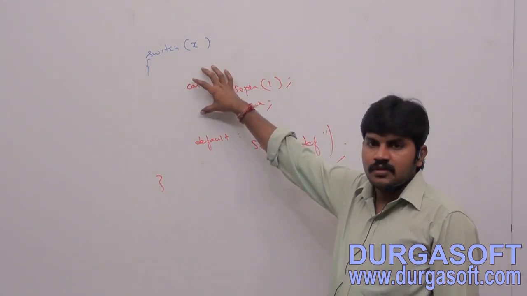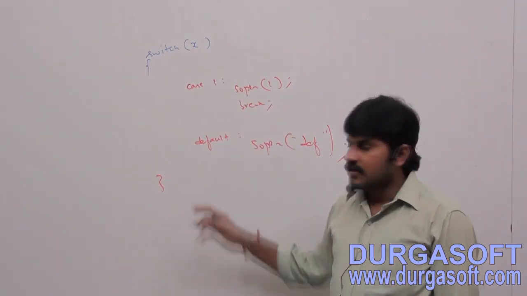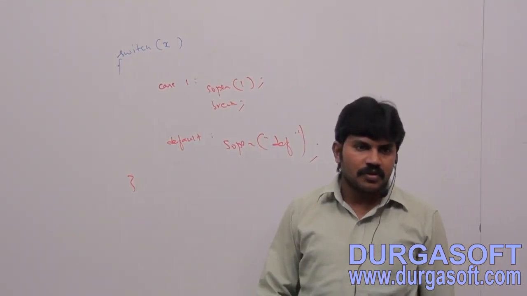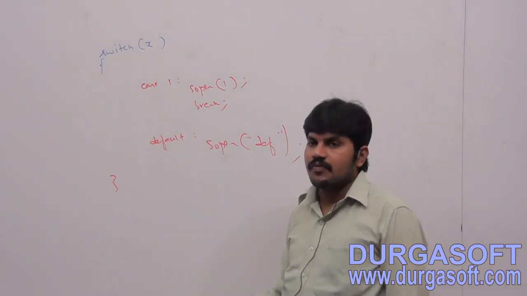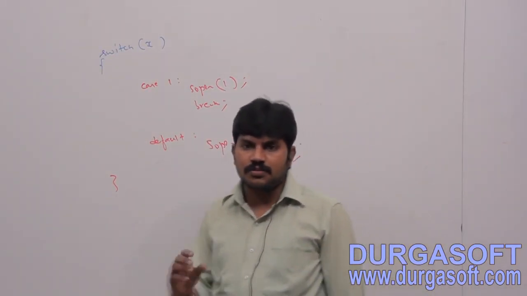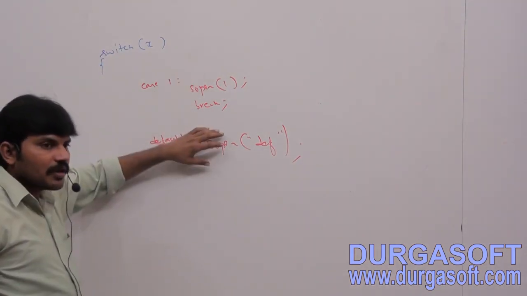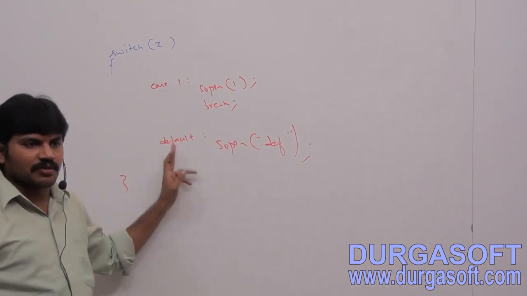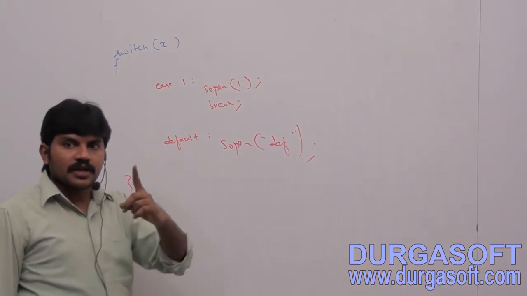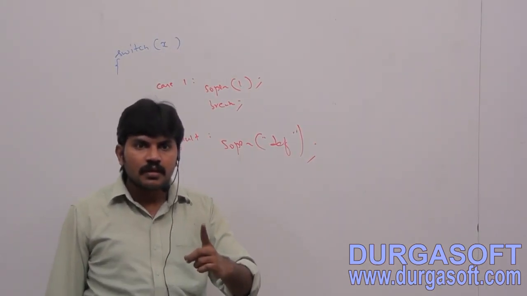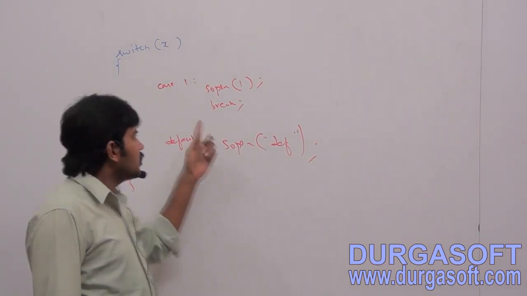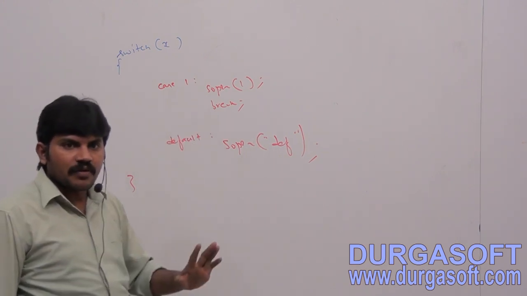Case, we can take any number of cases. Default, usually we can take only one. Case is mandatory. Default, if you want you can take, otherwise you can ignore, no problem. But at least one case must be compulsory.